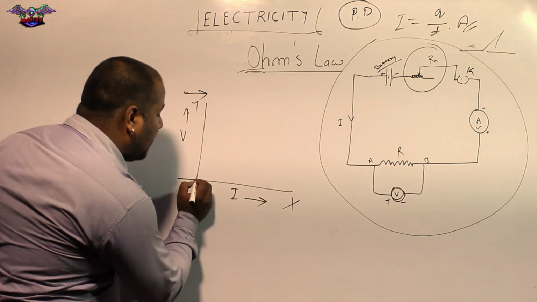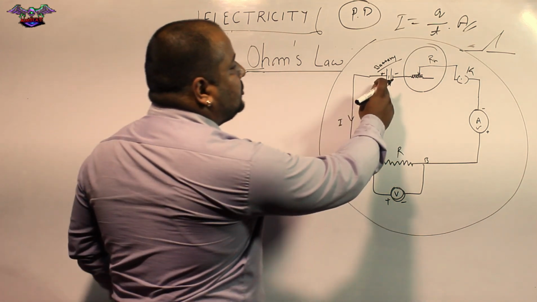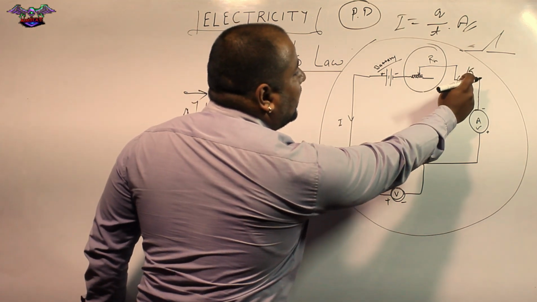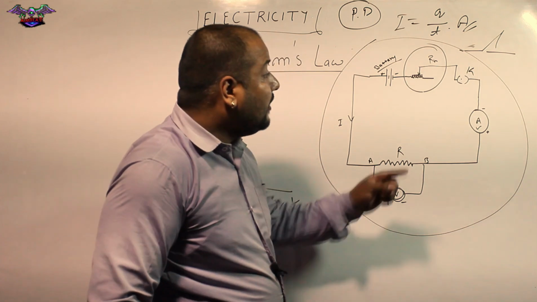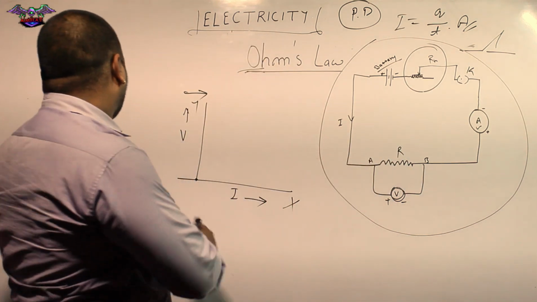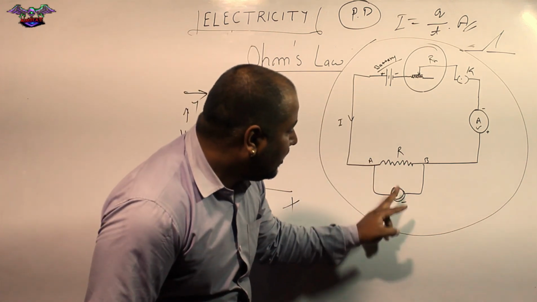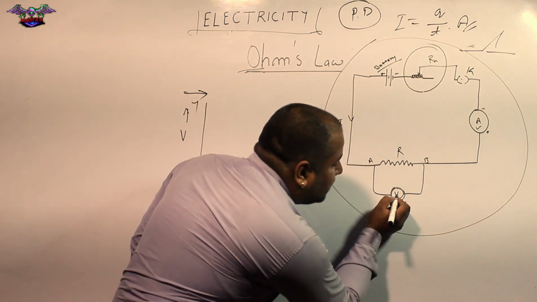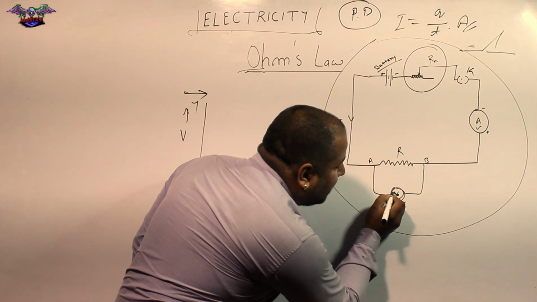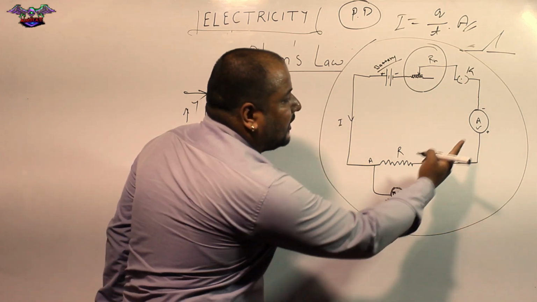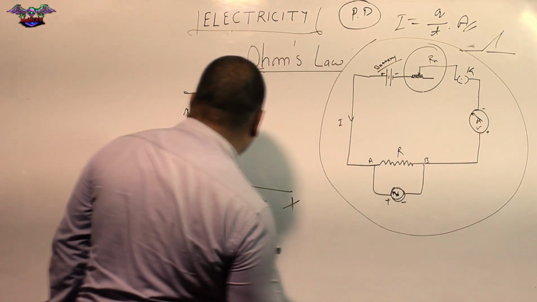Firstly, he took 0, which means the key is open. When the voltmeter was showing 0, the current was also showing 0.